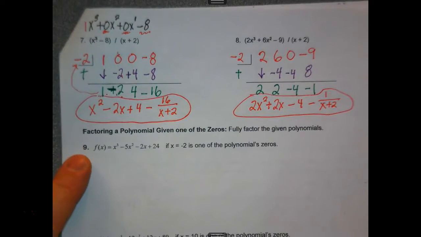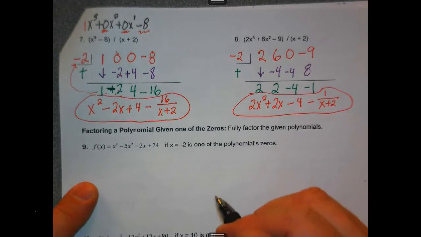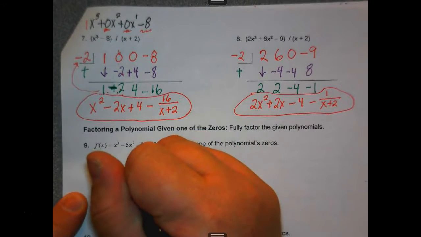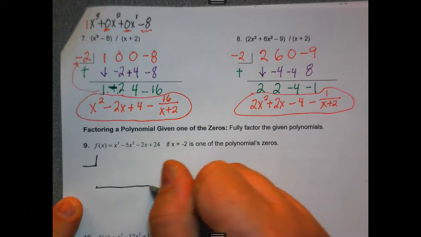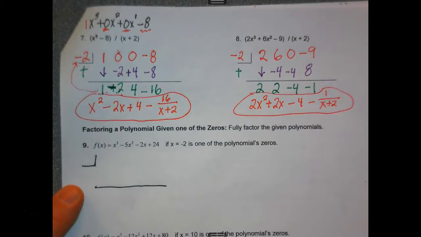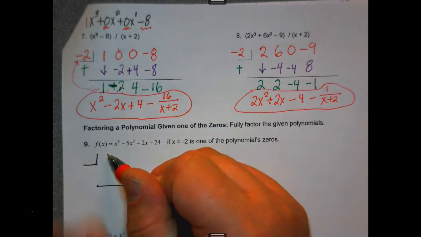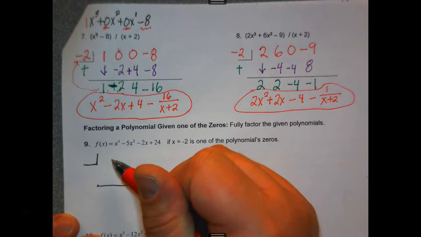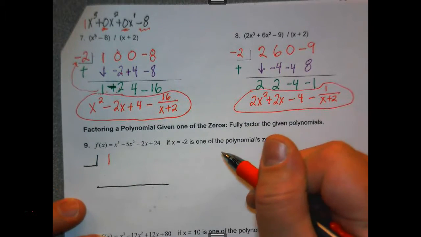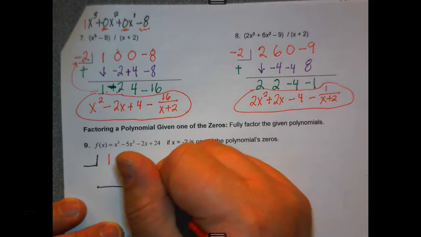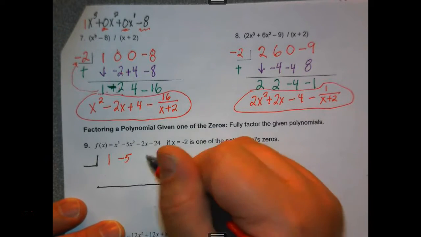It says fully factor the given polynomials. So this time we have to draw our own little symbol. Okay, what's my coefficient of x cubed? Coefficient of x squared.